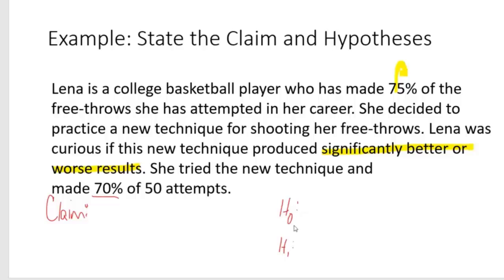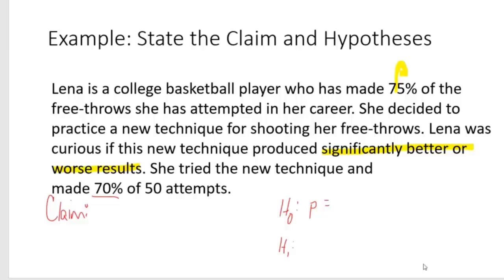So here, what was our null hypothesis? It has to be equal. So should we be saying that it's, and we're dealing with a proportion, a percentage then, are we saying that it is equal to 70%, or are we saying that it's equal to 75%? Well, you're trying to see if it's changed from the original. So that original one is the 75%.